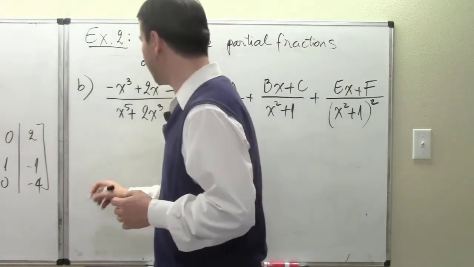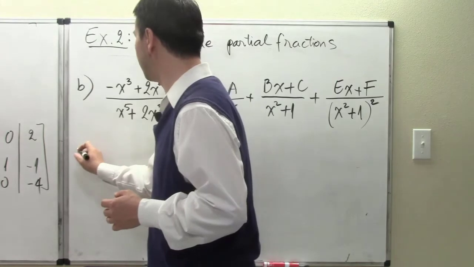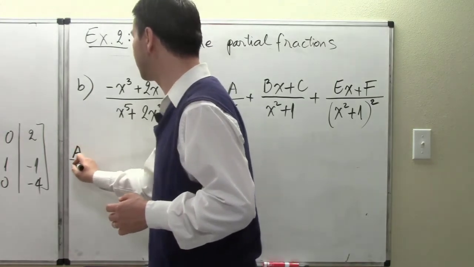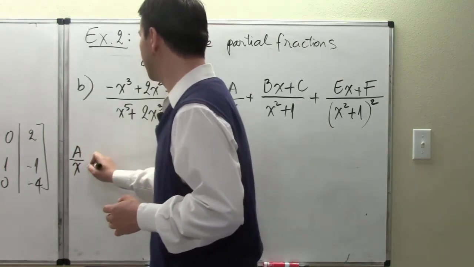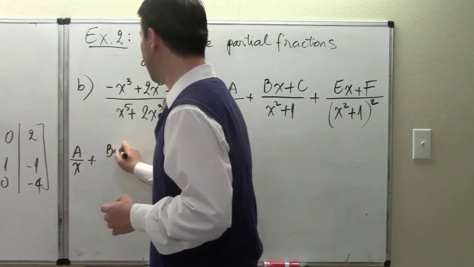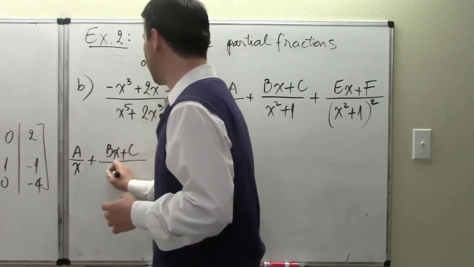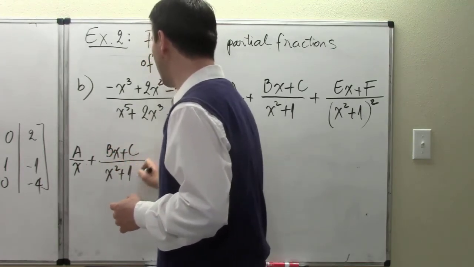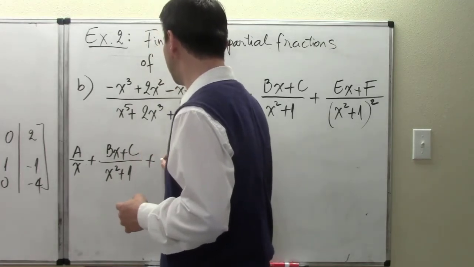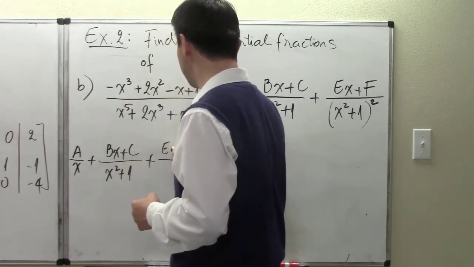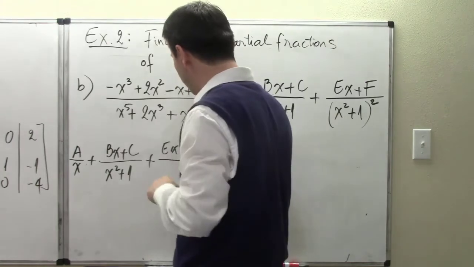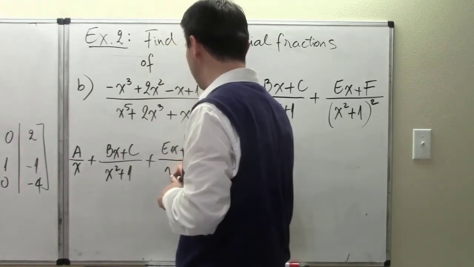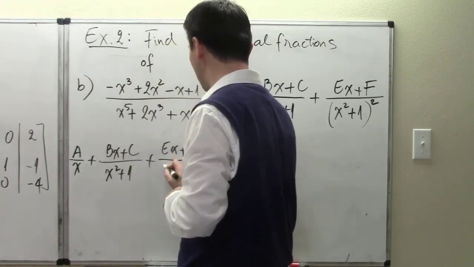So now, once again, just like that, I'm going to ask myself if we really are adding A over x plus Bx plus C over the x squared plus 1 and plus further Ex plus F over the x squared plus 1 all squared.